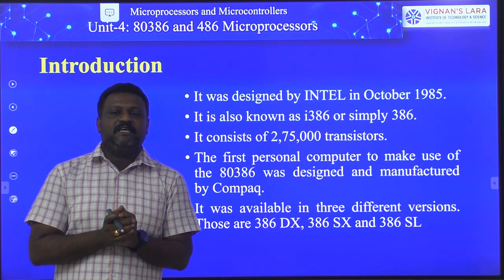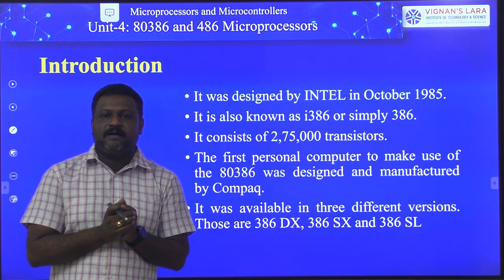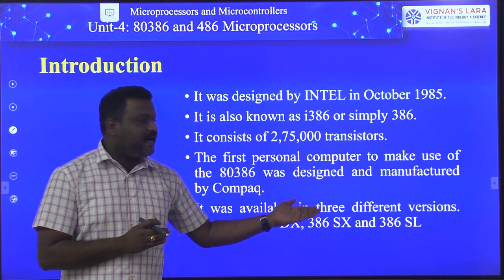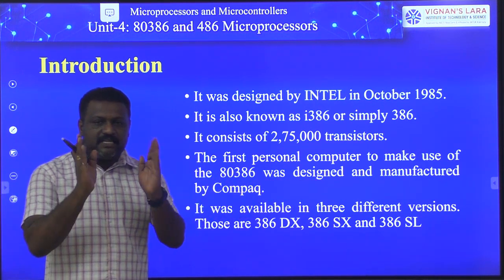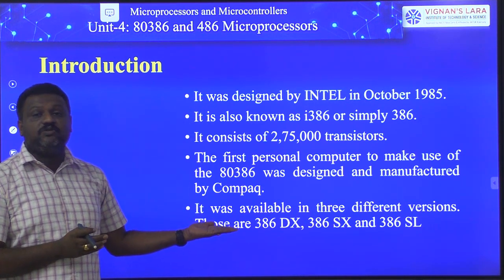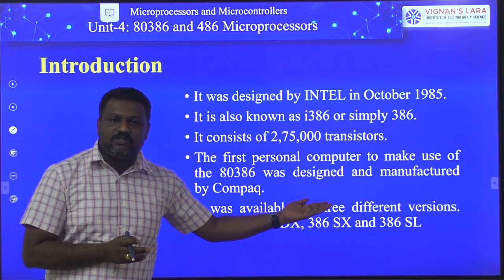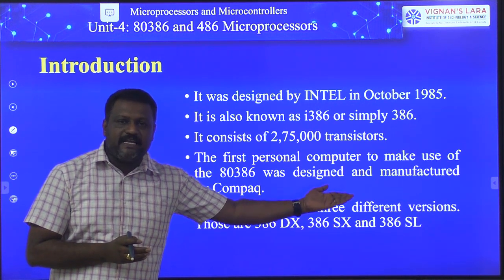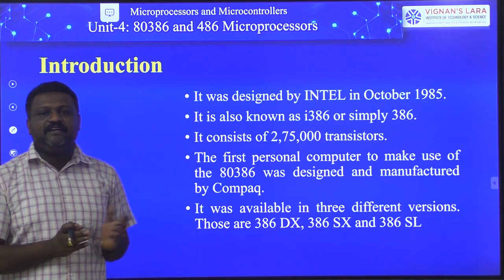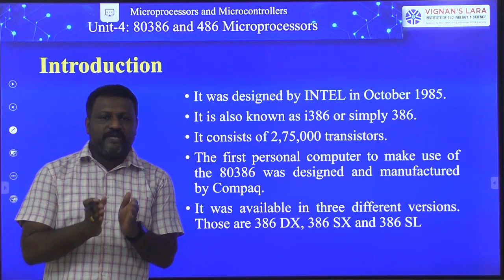One more interesting thing about this 80386 is it is used for designing of personal computers by Compaq. And this processor was available in 3 different versions, that is 80386DX, 80386SX, and then 80386SL. So this is some brief introduction about 80386.